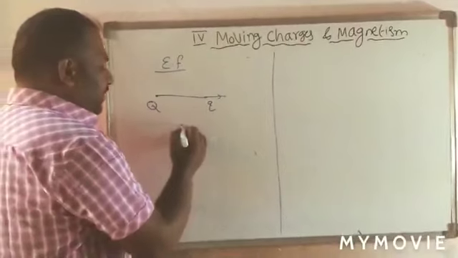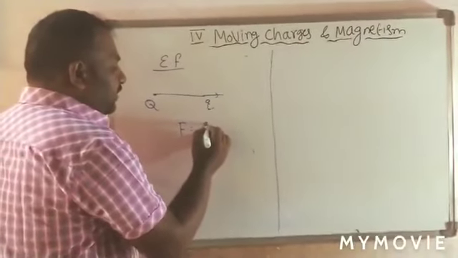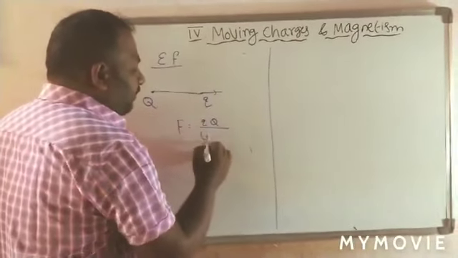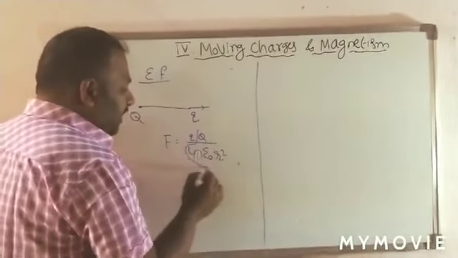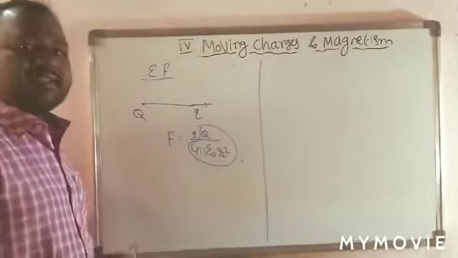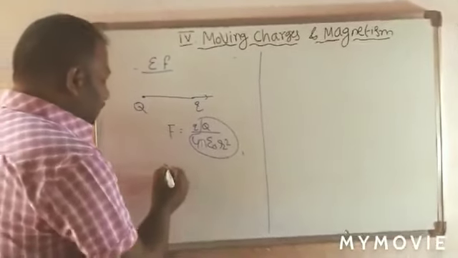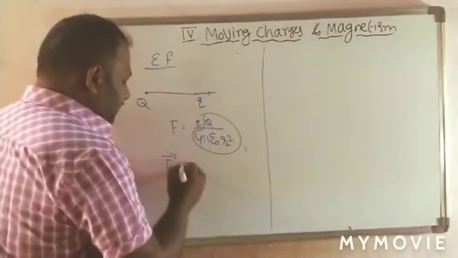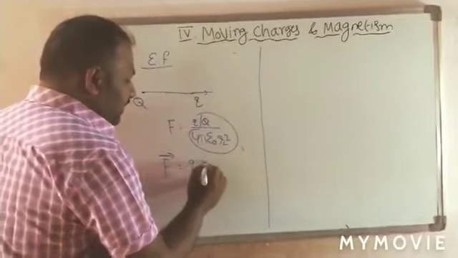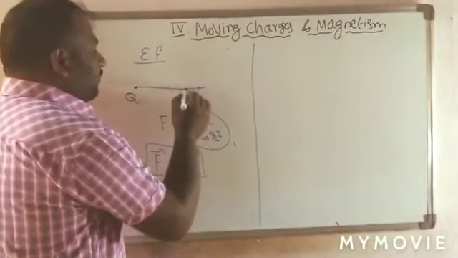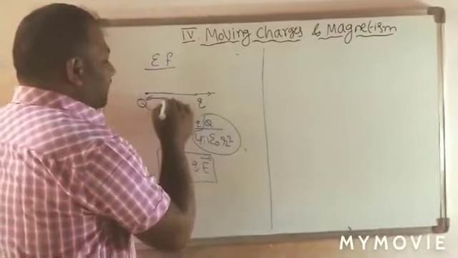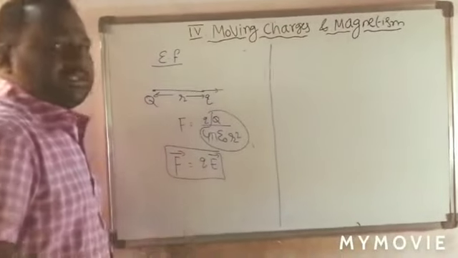That force is given by F = q·Q/(4πε₀R²). Here Q/(4πε₀R²) is the field. So the force can be written as F = q·E, and R is the distance between the test charge and the fixed charge.